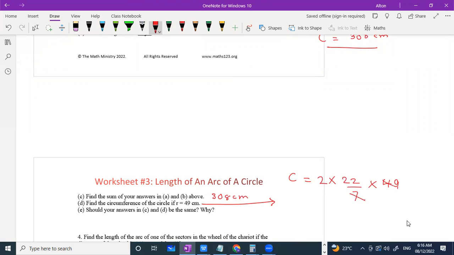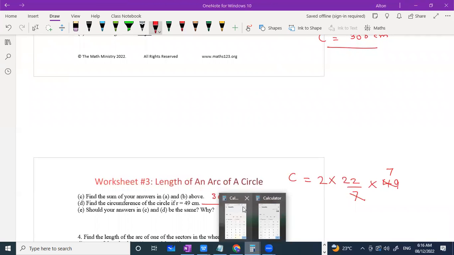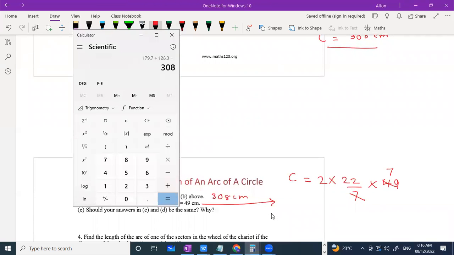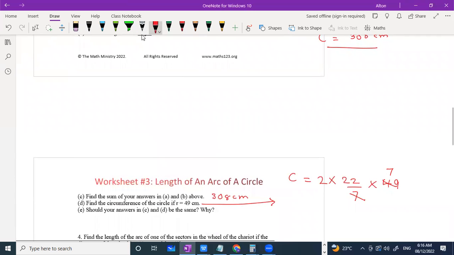Seven could go into 49 to give us 7. So 2 by 22 is 44 by 7. And we see our answer is, in fact, 308. Circumference is 308 centimeters. So we expect that.